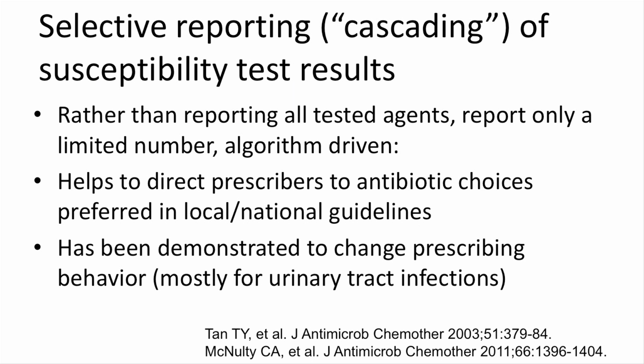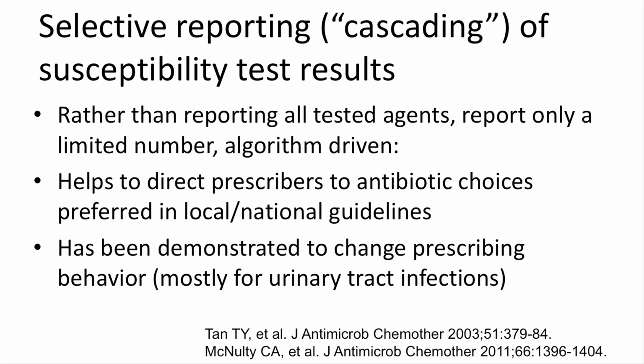And then selective reporting, I think your labs probably already do this. Instead of reporting all tested agents, just a limited number to try to drive use towards algorithms or guidelines or local preferences. This is a randomized controlled trial that shows how effective this can be.